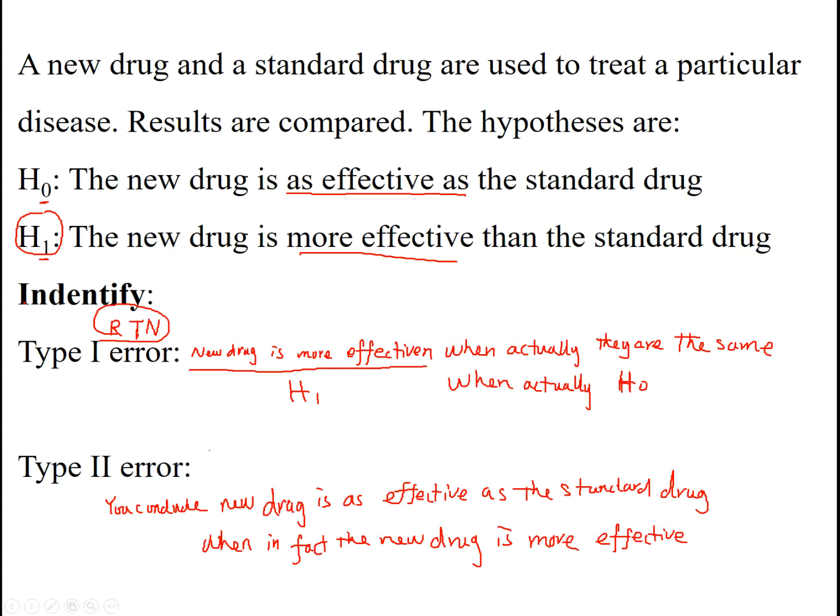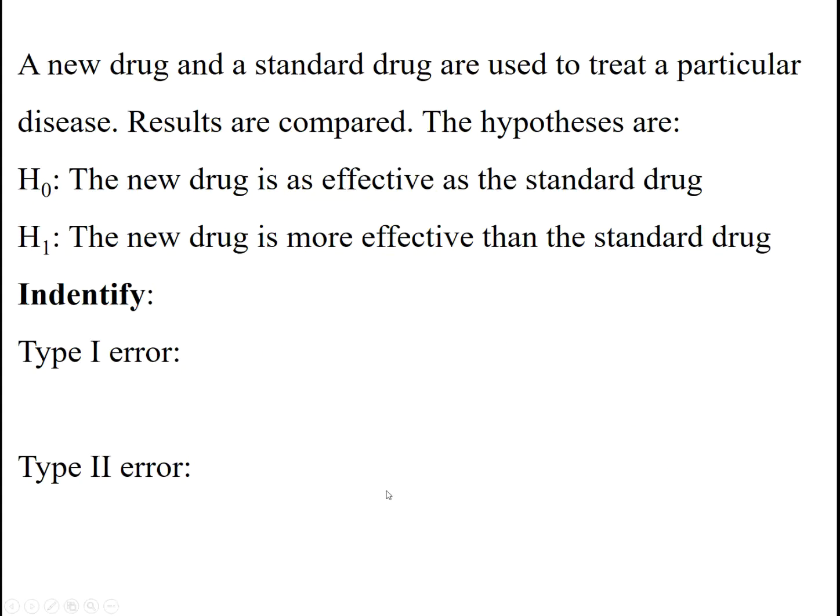Now, type 2 error is you fail to reject the false null. So in other words, you conclude H0, you fail to reject, so write down H0 when actually H1 is true, because when H1 is true, sorry about that. I really meant that: fail to reject false null. So that's how I would phrase both type 1 and type 2 error.